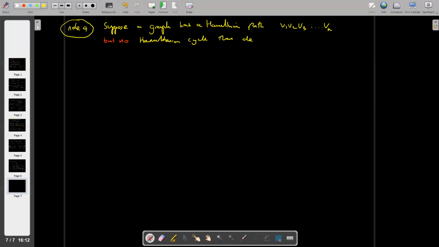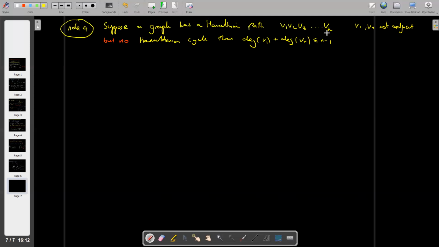Then the degree of V1, because V1 and Vn are not connected, the degree of V1 plus the degree of Vn is going to be less than or equal to n minus 1. Just to be clear, V1 and Vn are not adjacent, because this is a Hamiltonian path, not a Hamiltonian cycle.